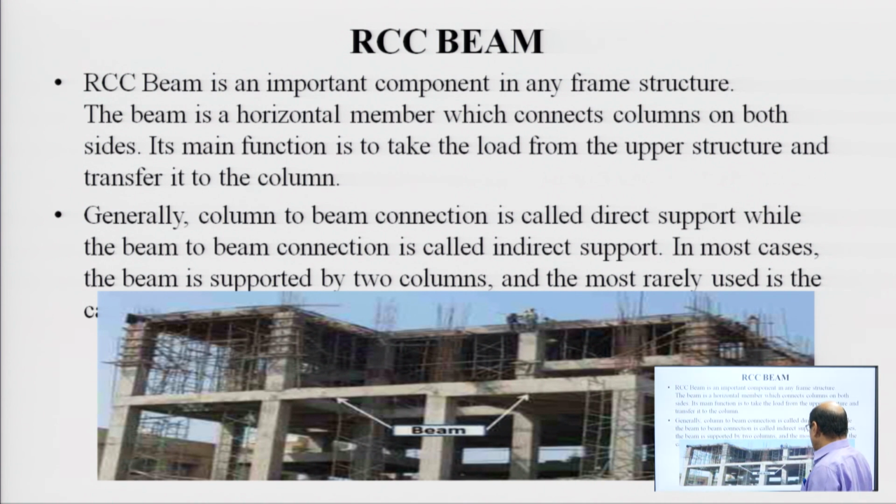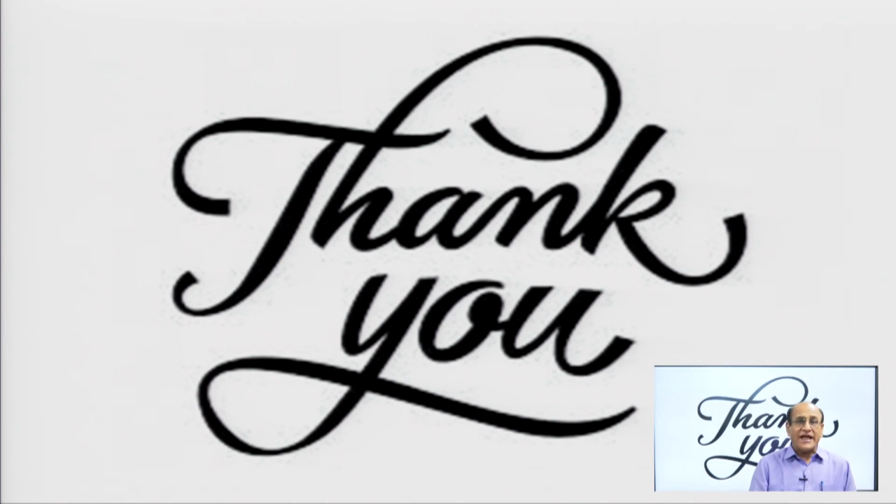So, it is clearly seen that the columns are the vertical members, where the beams are the horizontal members of the structure.